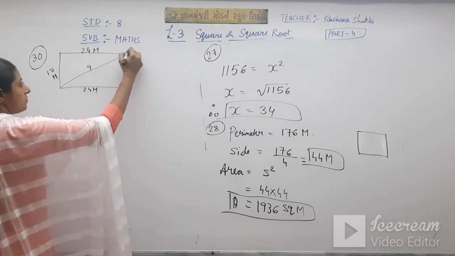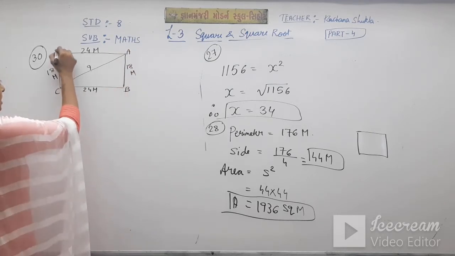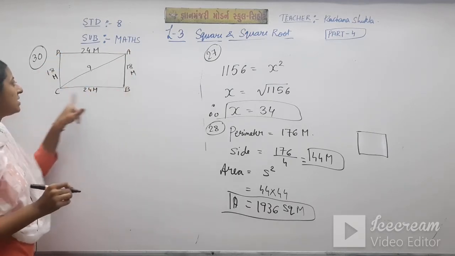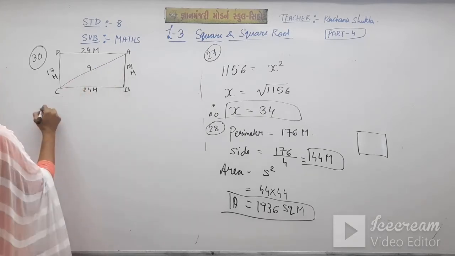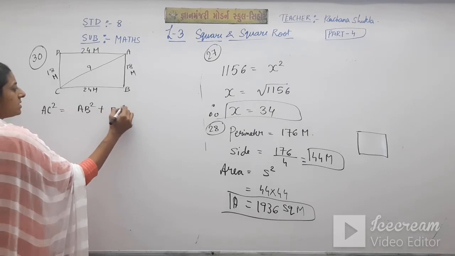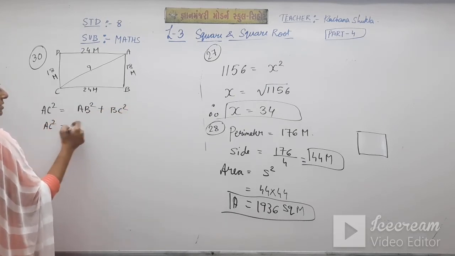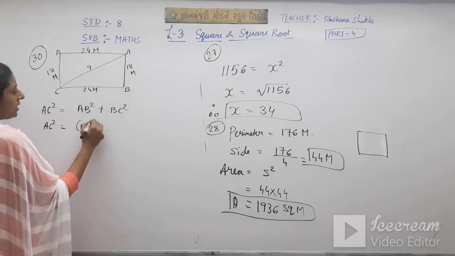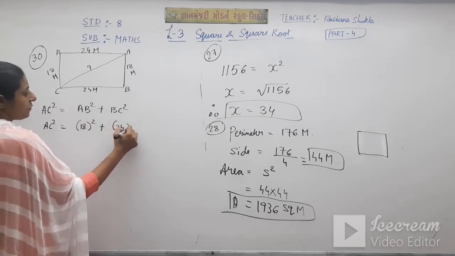So if we name this rectangle as A, B, C, D, AC you have to find. AC square is equal to AB square plus BC square. AC square is equal to AB is 18 square plus 24 square.